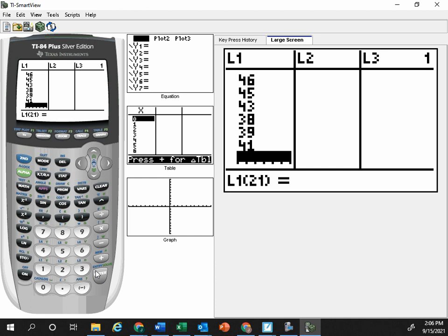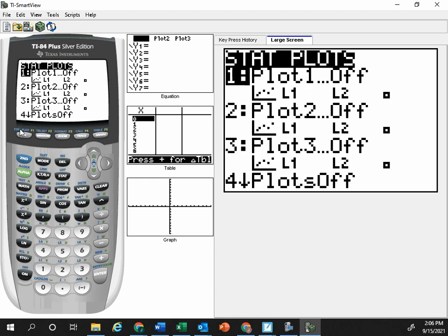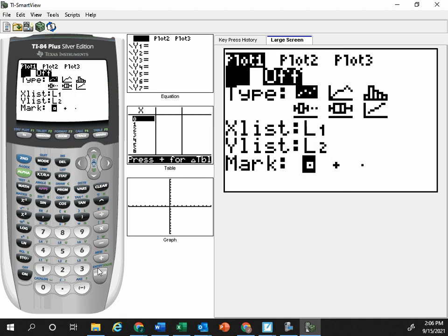All right, so once we have our values in there, does anybody need more time? Okay. You're going to push second y equals so we can get into that stat plot again. And then push enter. Make sure it says on.